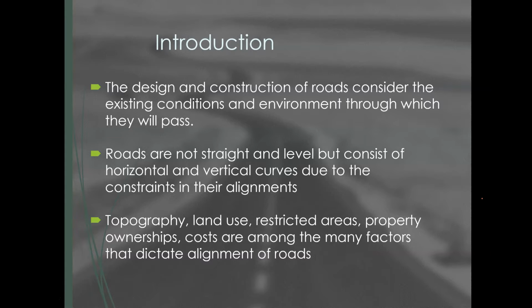So roads are not level and definitely not straight all the time. So we have to build curves. We're going to have what we term horizontal curve as well as vertical curve. Horizontal curves are curves in the horizontal plane, whereas vertical curves are curves in the vertical plane.